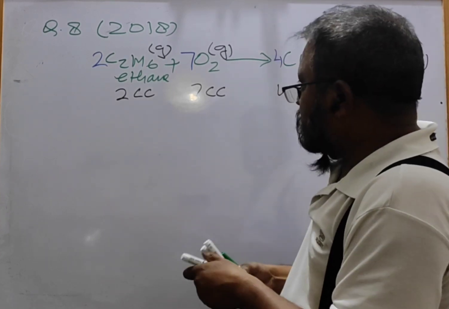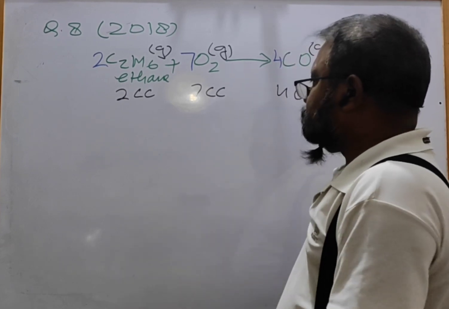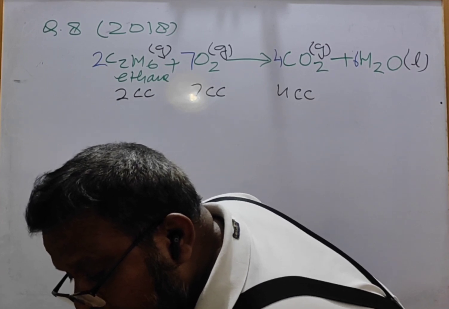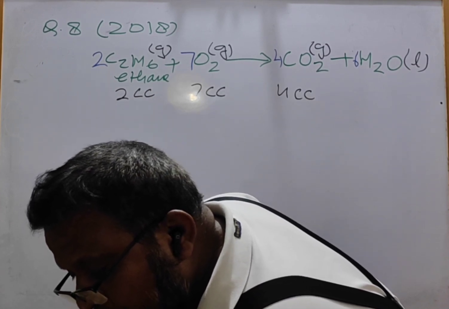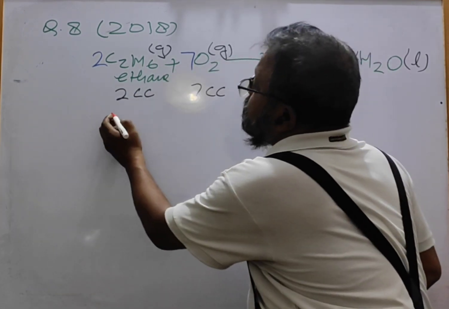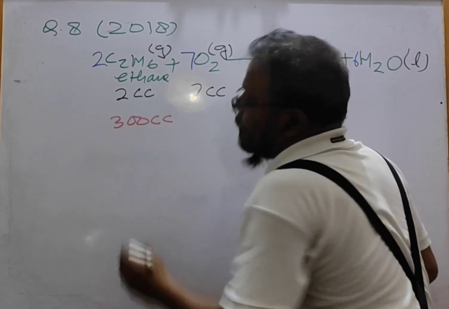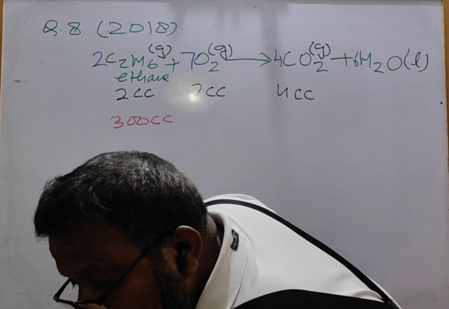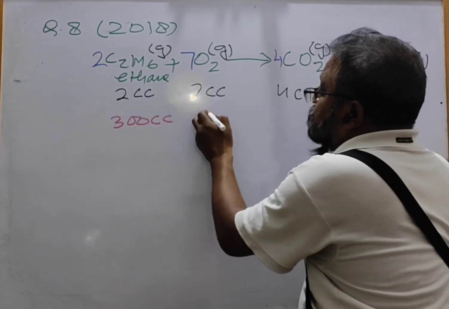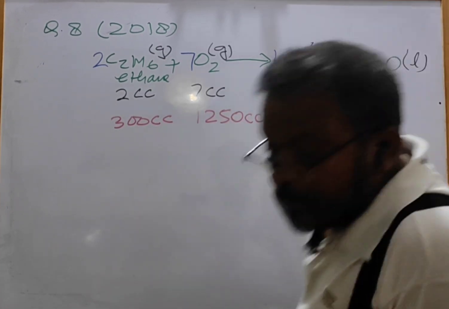So now if we take 300 cc of ethane and 1250 cc of oxygen, right?